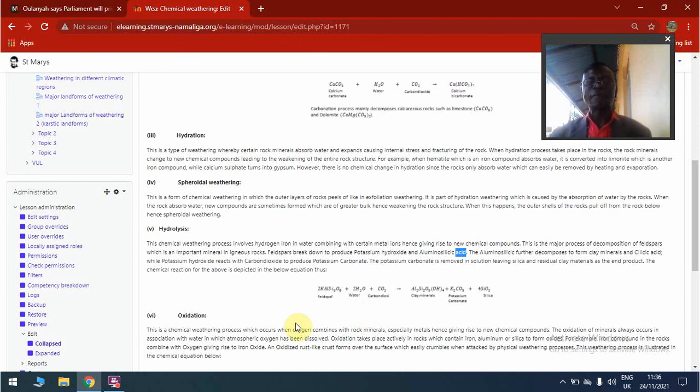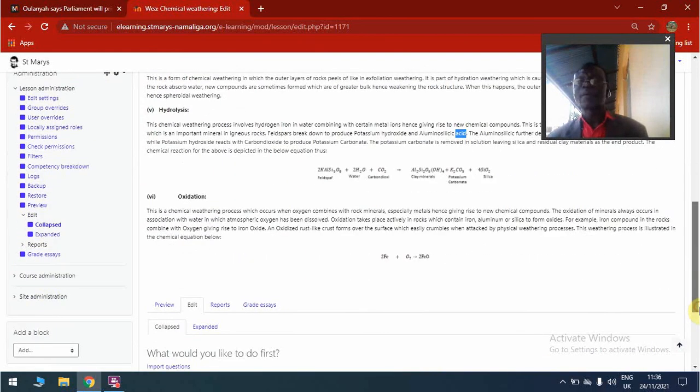Then lastly, we have the oxidation chemical weathering process. Oxidation is a form of chemical weathering which occurs basically in metals, in rocks which are made up of metals. And the prominent types of metals which are attacked by oxidation are iron and aluminium.